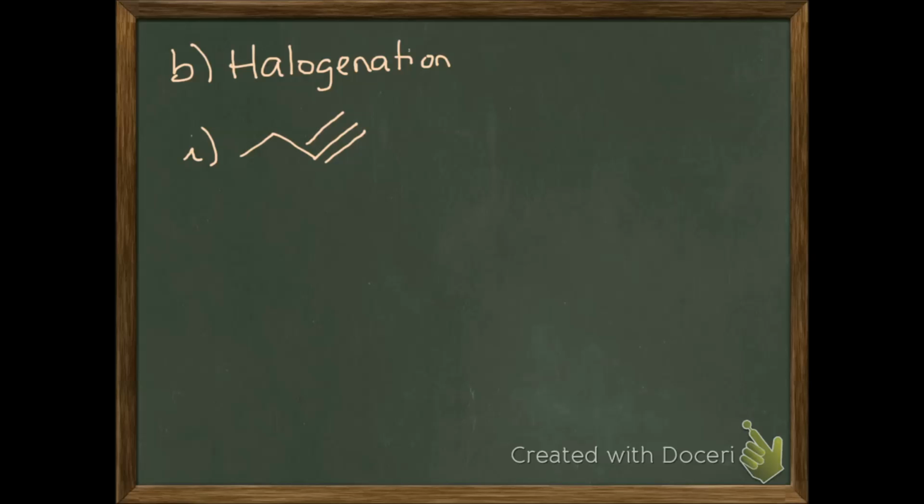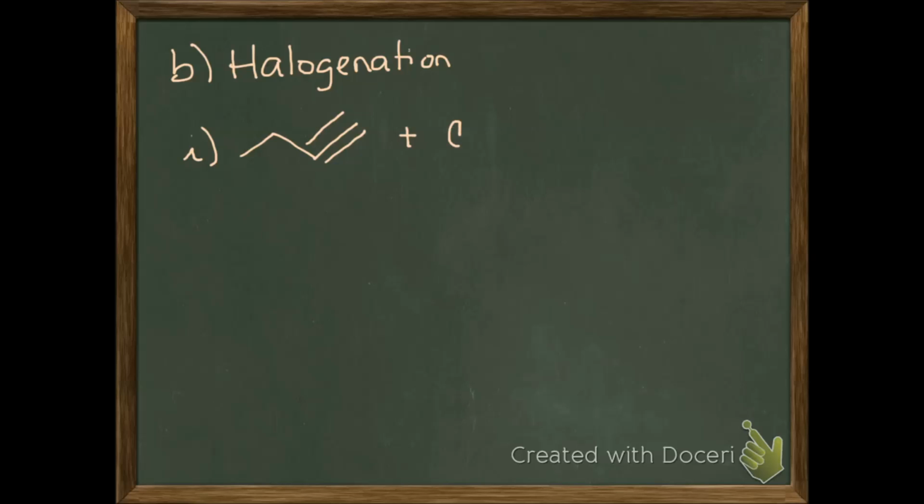The second symmetrical addition is halogenation. And again, we will have 2 steps. In the first step, the alkyne with its triple bond will combine with a molecule of any halogen.